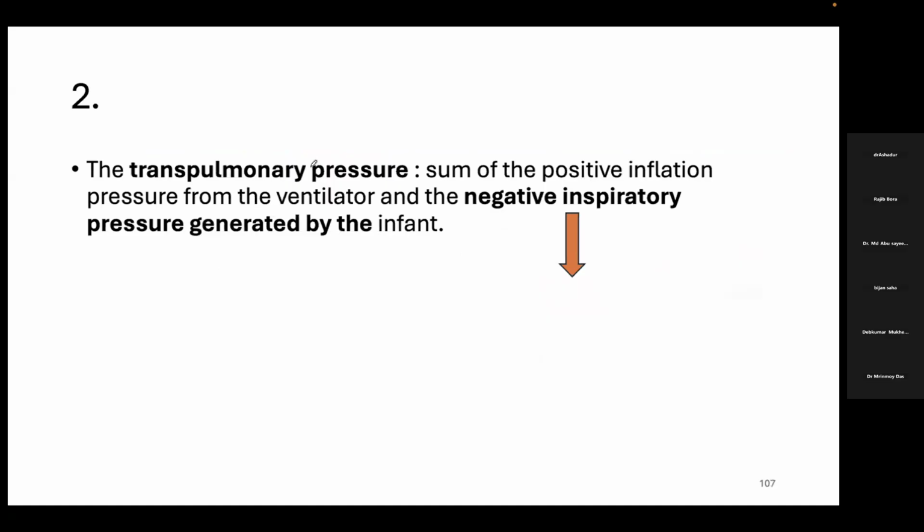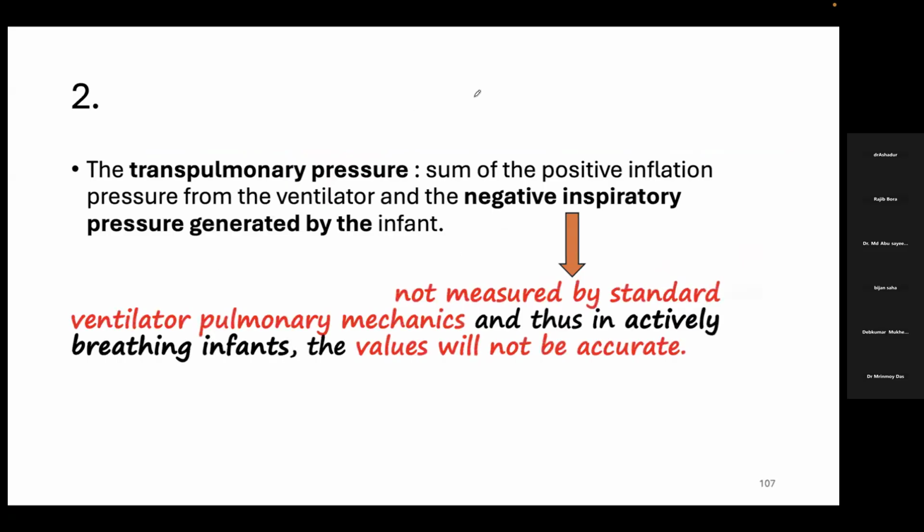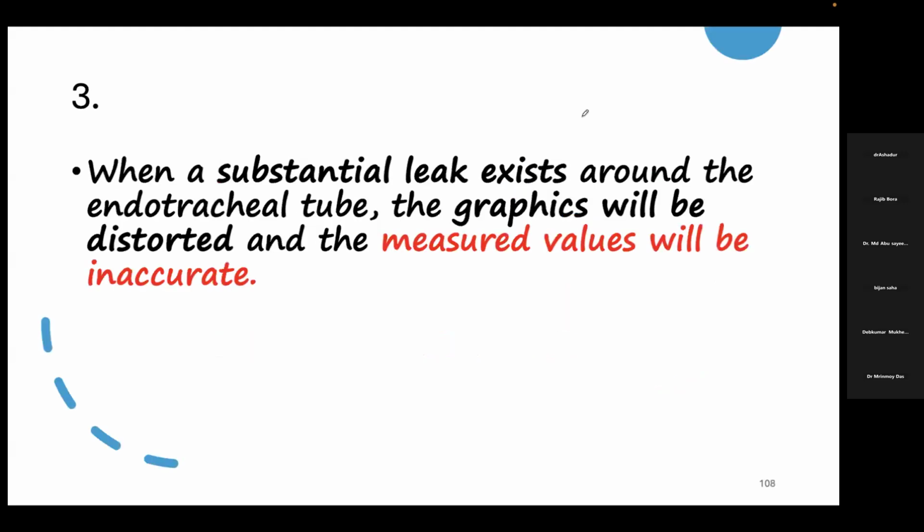Transpulmonary pressure, we always know, is the sum of your positive pressure plus your negative inspiratory pressure, but this negative inspiratory pressure is not measured by standard ventilator mechanics, and therefore in actively breathing infants, the values that we ultimately get may not be 100% accurate. If a substantial leak exists, measured values definitely will be inaccurate.